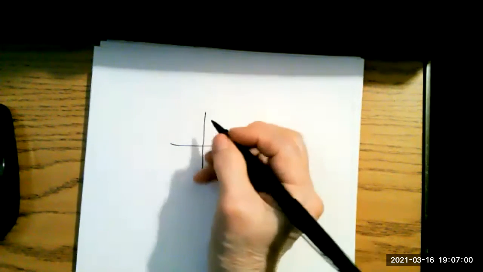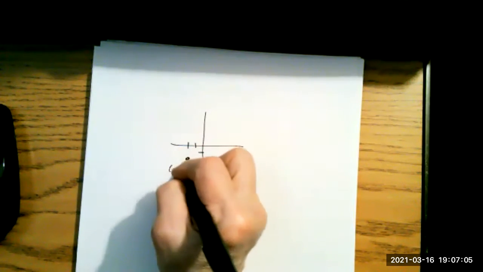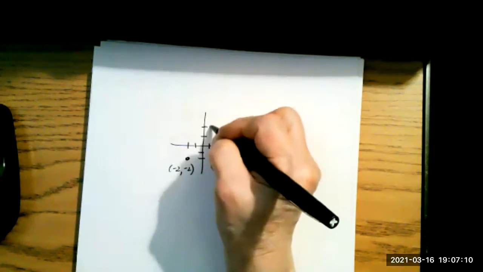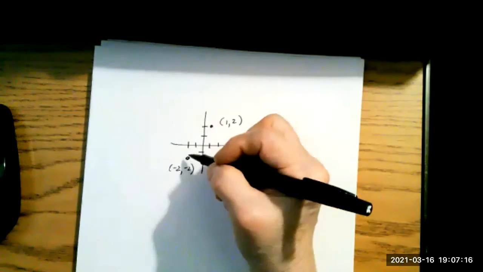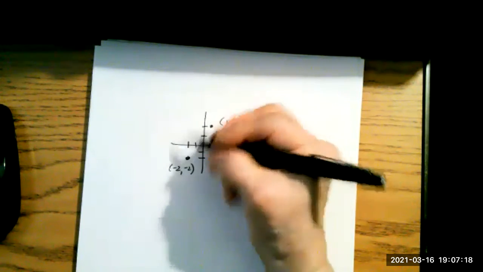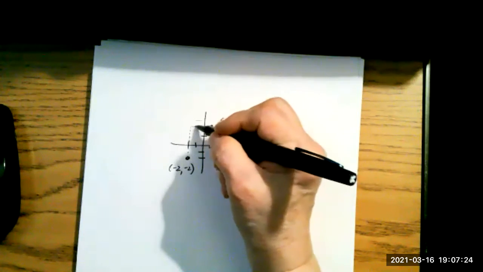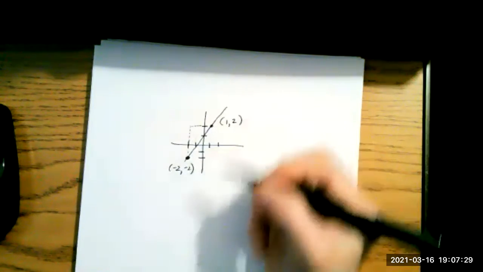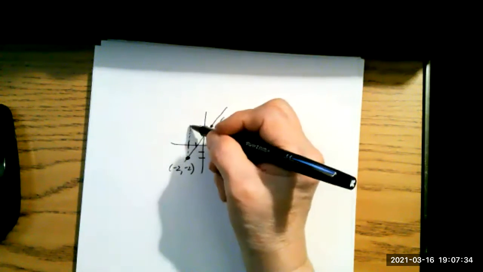If you had one that went, oh, let's say -2, -2, and it goes to 1, 1, 2, then you could count up and over. So what we would do would be make a little dotted line going up and over, and then you count your spaces. Of course, your line's going to be, they'll have their line through there. So let's see, 1, 2, 3, 4.